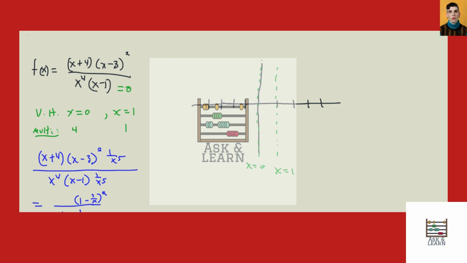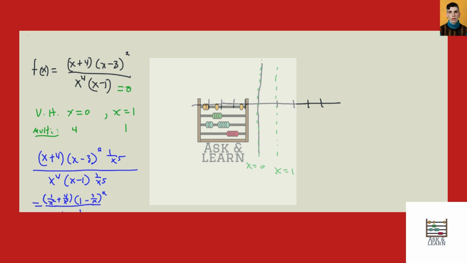And the other 3 I can distribute to x plus 4. And doing that would give 1 over x squared plus 4 over x cubed. Let me write that a little bit clearer: 4 over x cubed plus 1 over x squared.